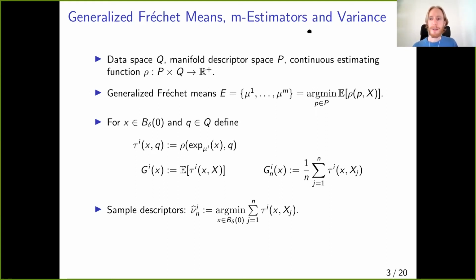So some people immediately think of robust statistics when they read M estimators, but M estimators are actually just defined via this setting of minimizing an expected estimating function. So in this sense, the setting is very broad, and it doesn't have to be a robust estimator, is what I'm saying.